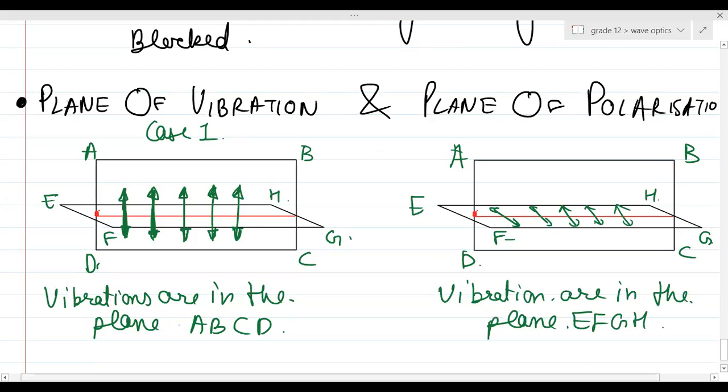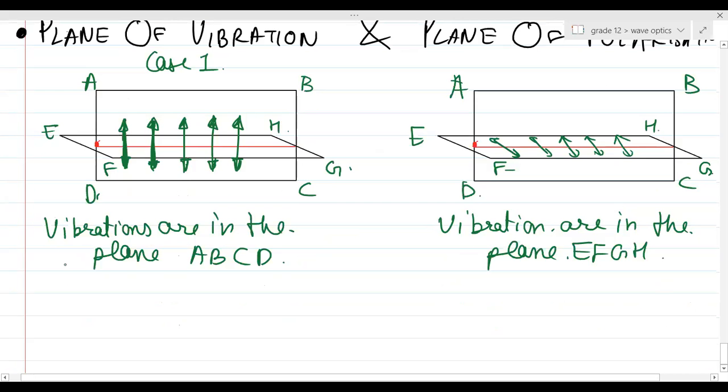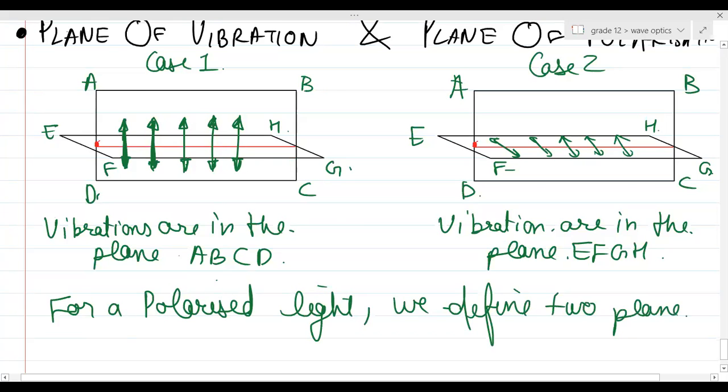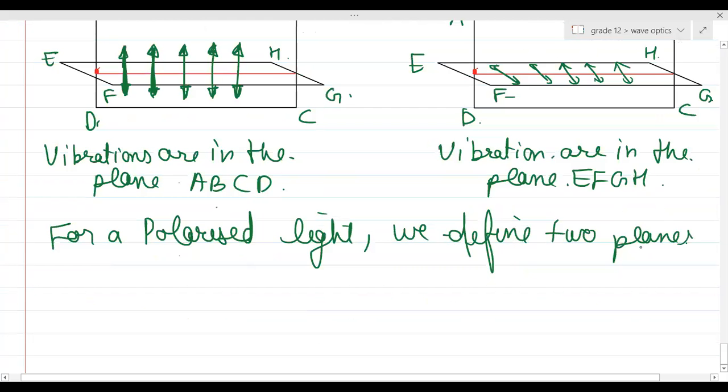Okay? So what is basically the plane of vibration and the plane of polarization? For a polarized light, we define two planes. First is the plane of vibration.